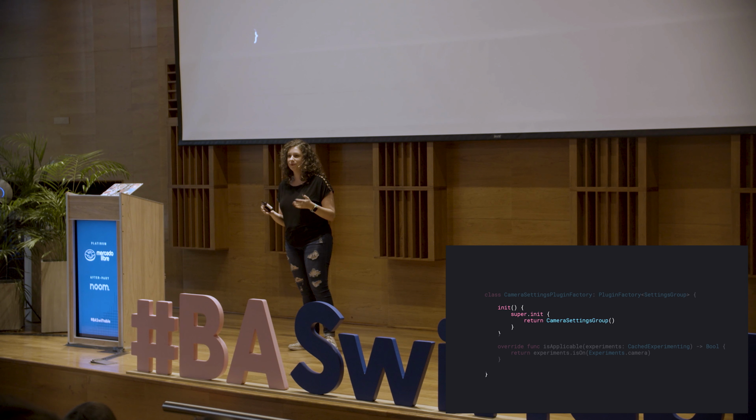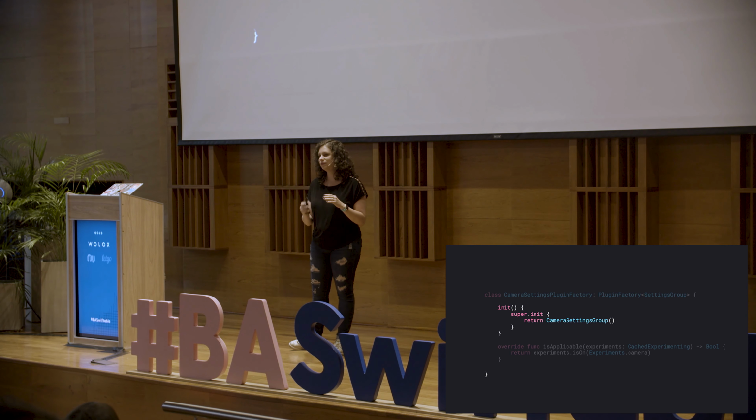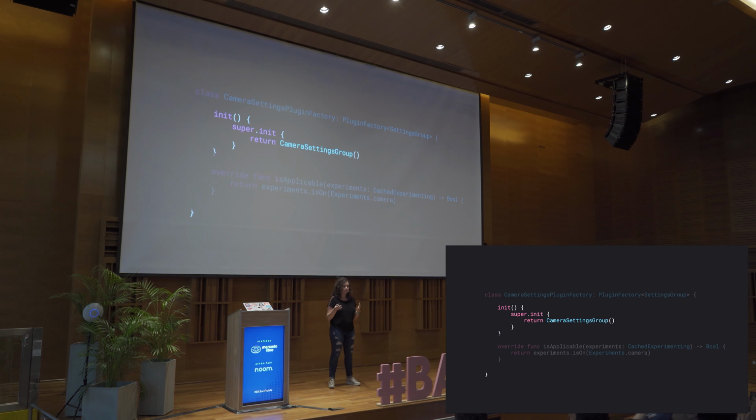And in it, we just tell it how to build my group. Here it's very simple, you just build. But if you have any dependencies, you can just pass them to the factory and to the settings group, and the dependencies are going to go there. But the main thing is to tell it how to build this class.